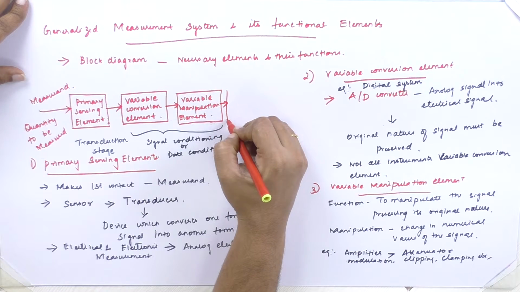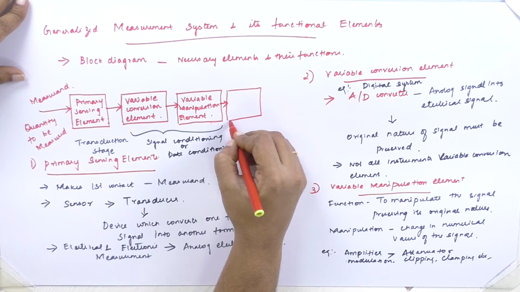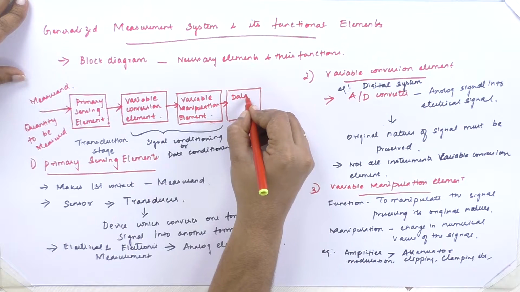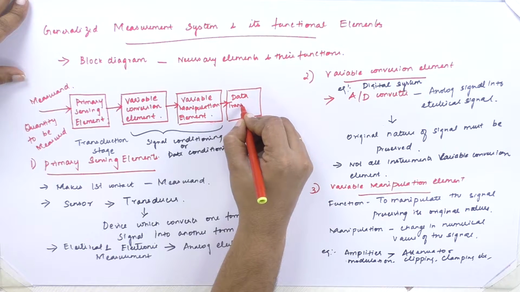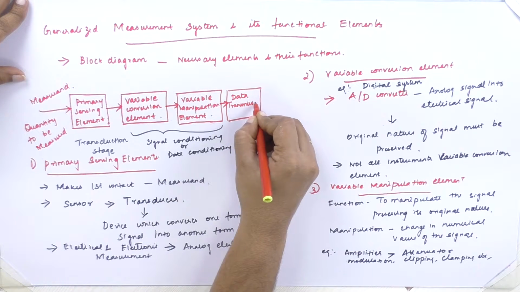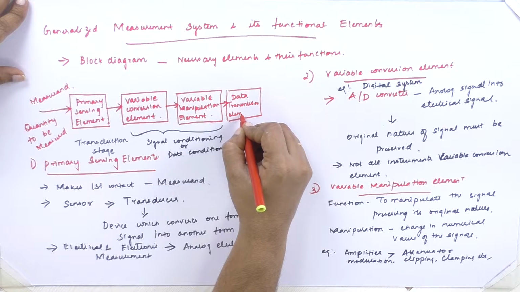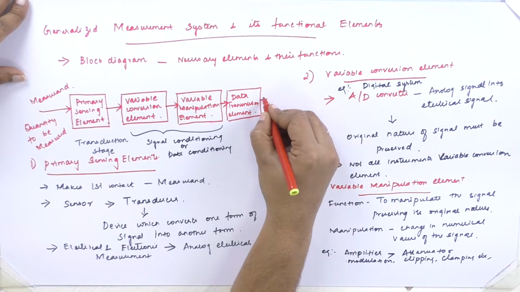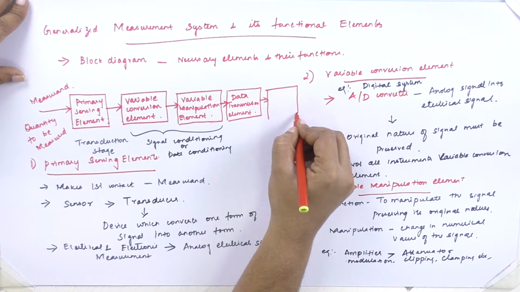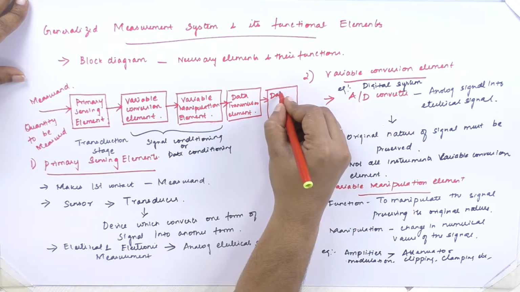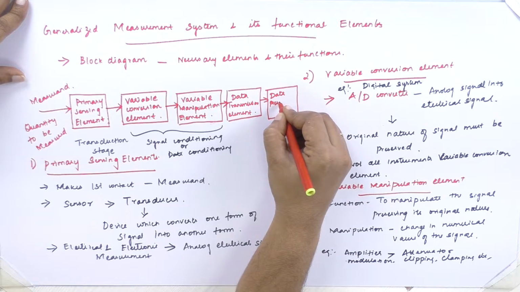The next stage of the measurement system is the data transmission element, and finally the last element will be the data presentation element.